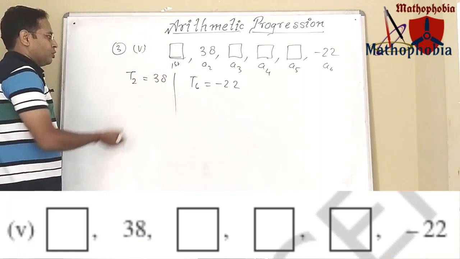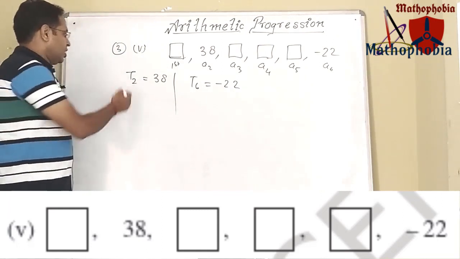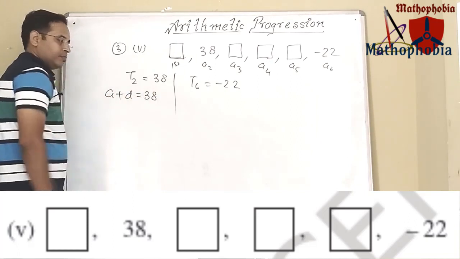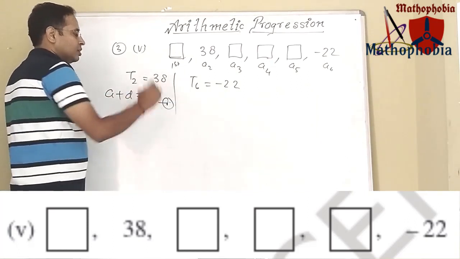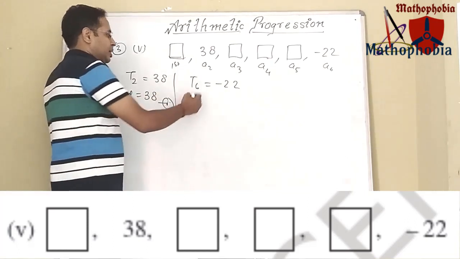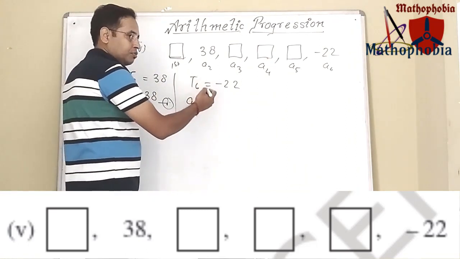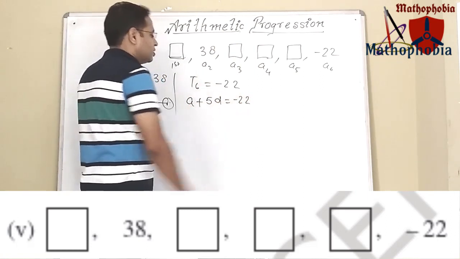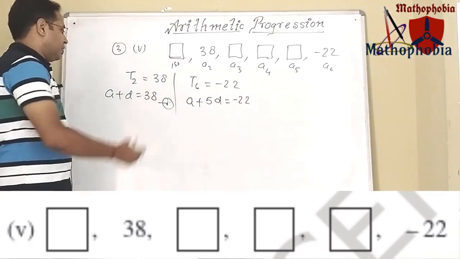Okay, so we'll apply the formula a plus n minus 1 into d. So we'll get a plus d is equal to 38. This is equation number 1. Apply the same formula here, a plus n minus 1, that means 6 minus 1, 5d, equals minus 22. We'll be solving both these equations.